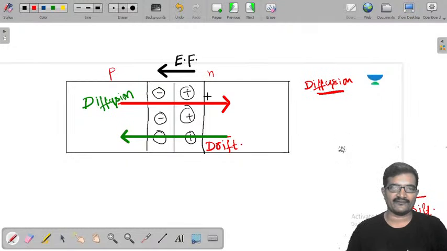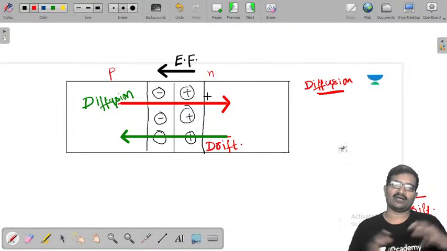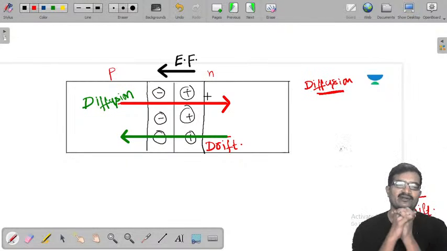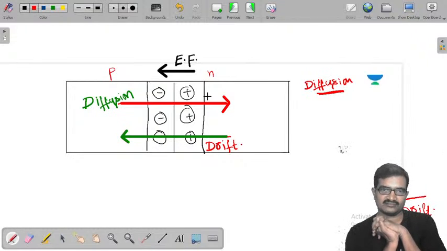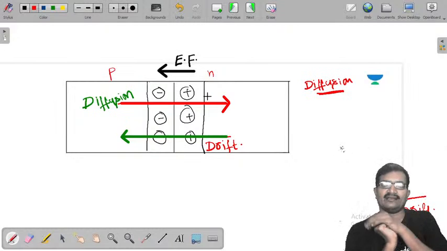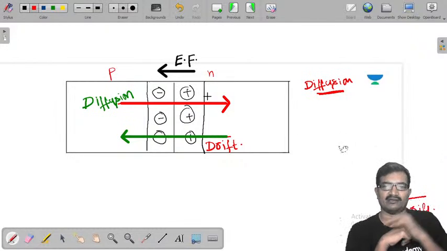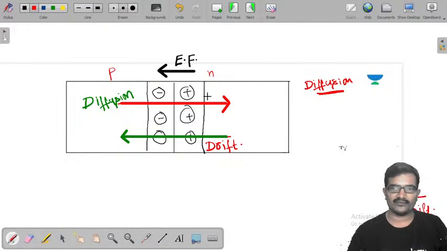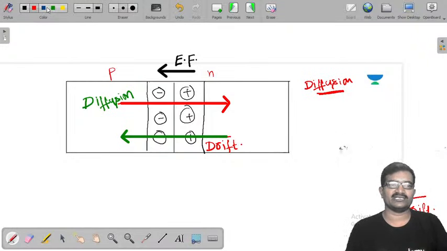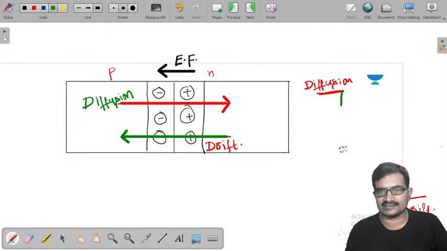With respect to drift, the carrier movement is opposite to the direction of carrier movement in diffusion. Because of that, the diffusion in the second level is less than in the first level. Once diffusion is decreasing, the diffusion current is also going to decrease.